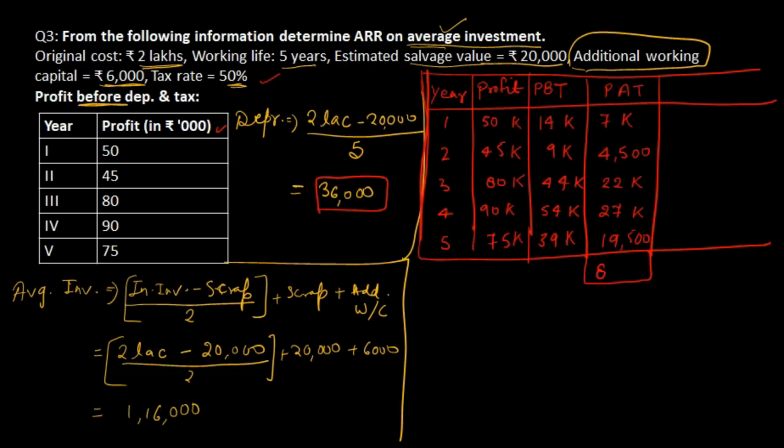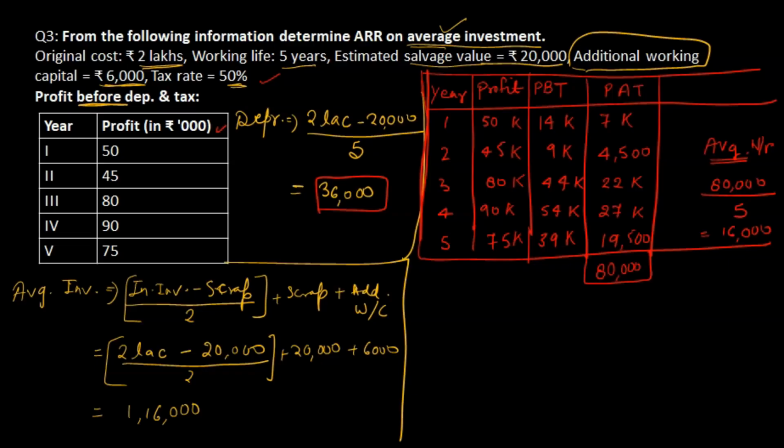So it is 80,000. Why have we taken this total? Because we need to find the average. The average net profit will be this 80,000 divided by 5 years, so we get 16,000.